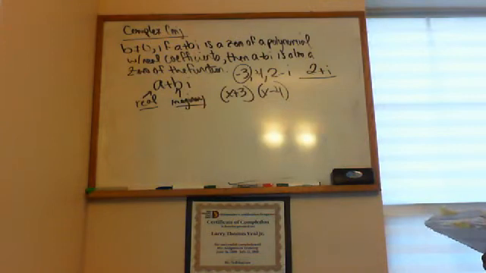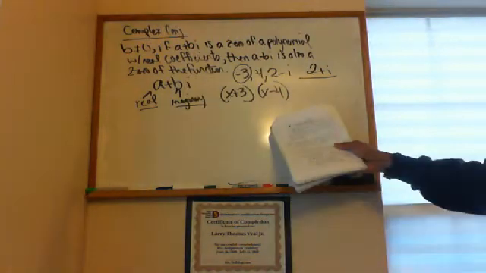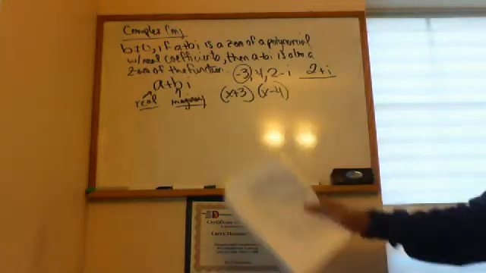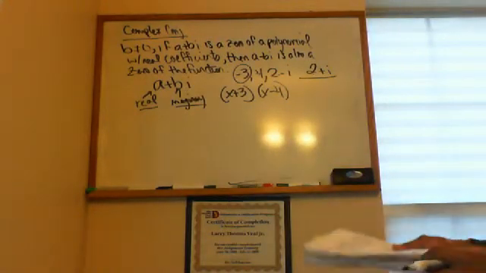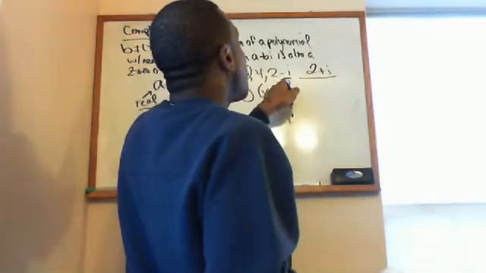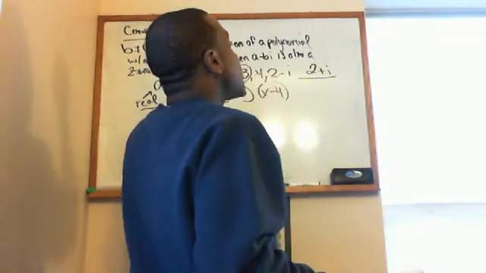So, here's the deal. I'm going to leave my x plus 3 times x minus 4 over to the side for a minute. What I am going to work on is the 2 minus i and the 2 plus i. You always do the conjugate up front, so you know where to go.